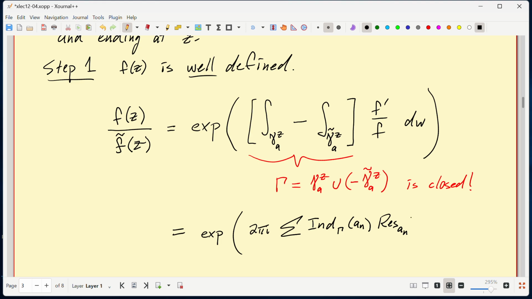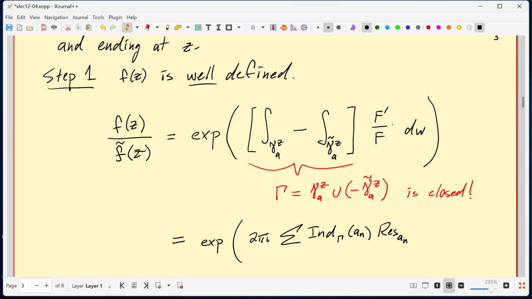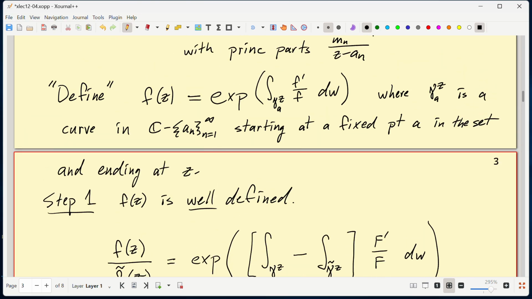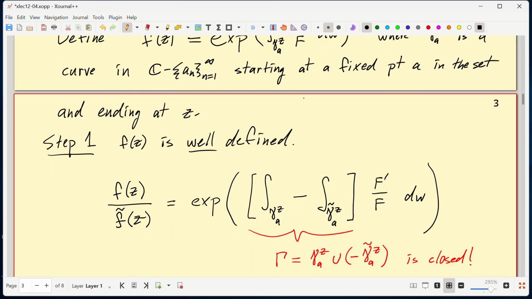Did I say? Okay, so here's what I meant to put here. I meant capital F's here, sorry. Capital F is well defined. So this didn't make any sense. These are the functions I got from Mittag-Leffler, capital F over F. Sorry about that. My little f is different than that capital F.